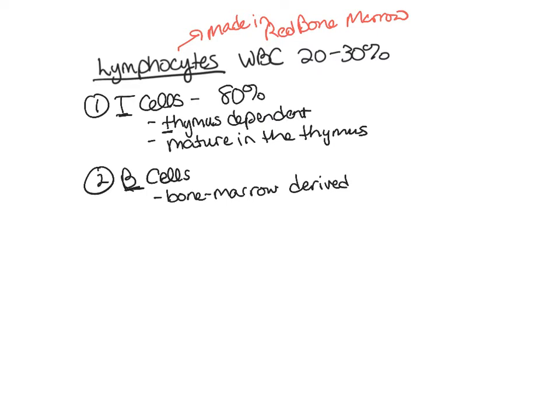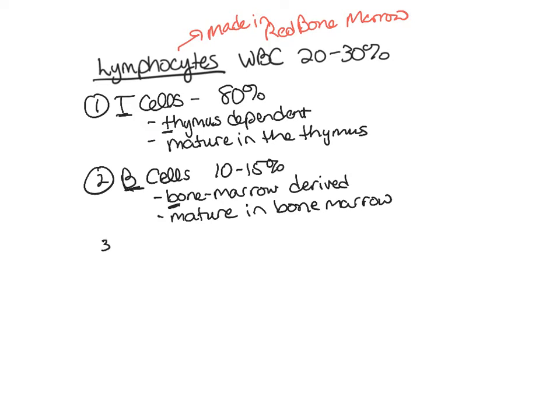That bird began with the letter B. But we're going to just use B for bone marrow derived. And so bone marrow derived means that they are produced and they mature in the bone marrow. So they don't have to travel to a different organ in order to mature. They make up 10 to 15% of the lymphocytes.